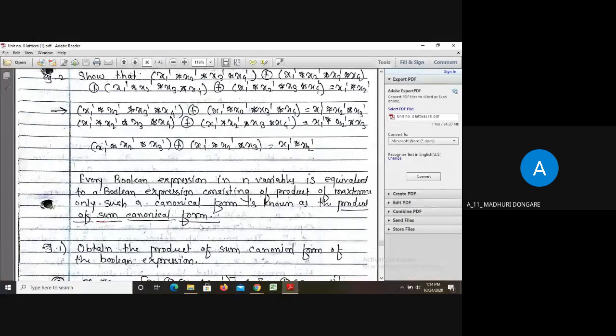So first, x1 star x2 is correct. How many possible minterms are there? Four. And those are, first x1 star x2, second x1 complement star x2, third x1 star x2 complement, and last x1 complement star x2 complement. So likewise we can define the minterm.